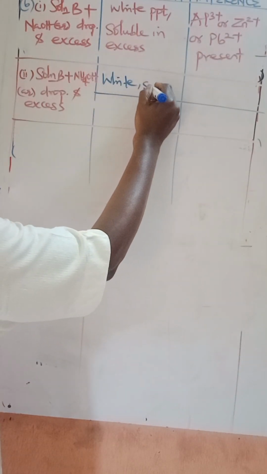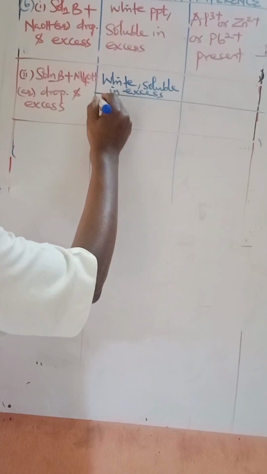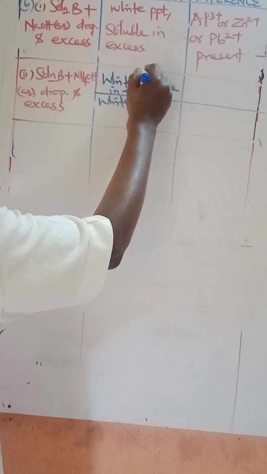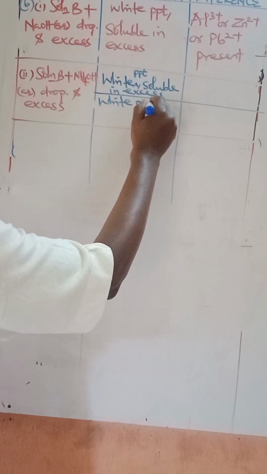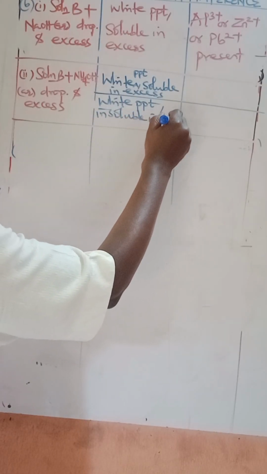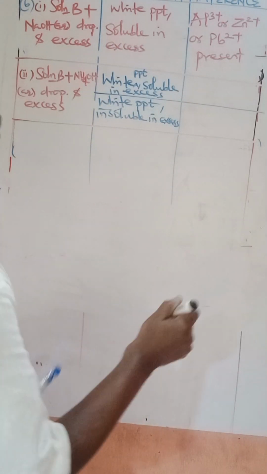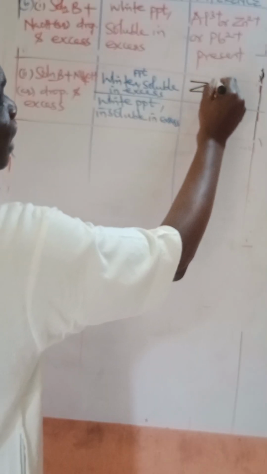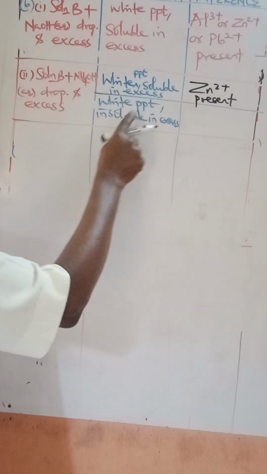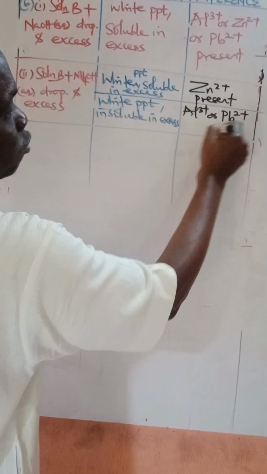You could have a white precipitate soluble in excess, or a white precipitate insoluble in excess. White precipitate soluble in excess means zinc ion is present. If the precipitate is insoluble, it's either aluminium ion or lead-2 ion present.